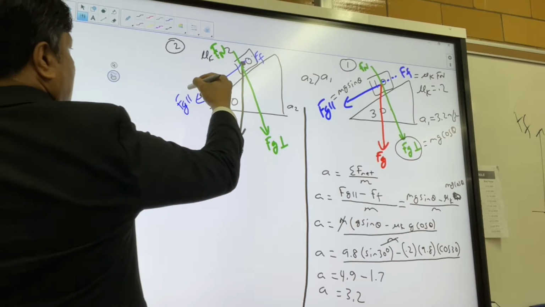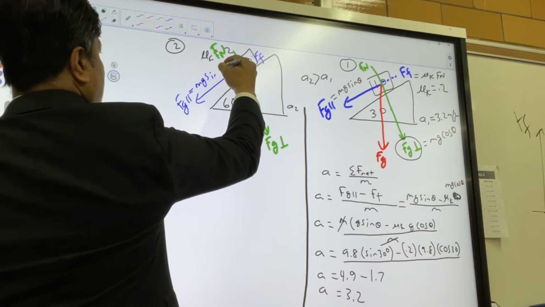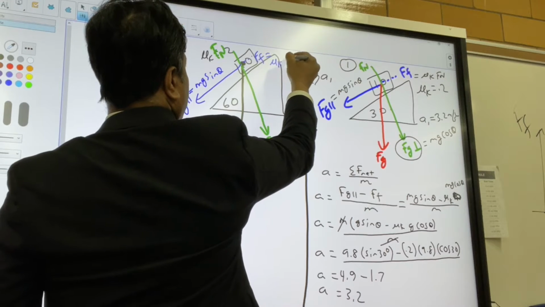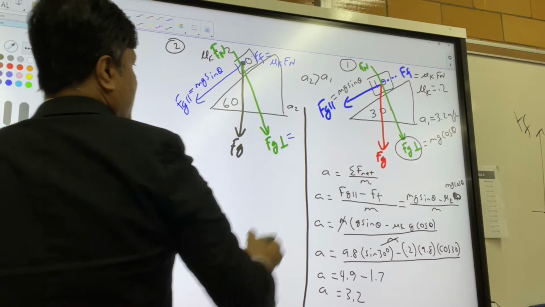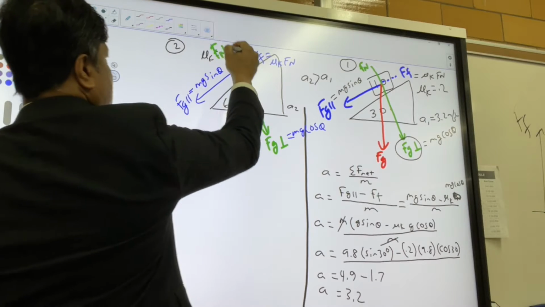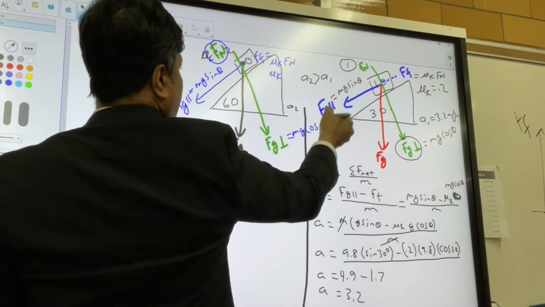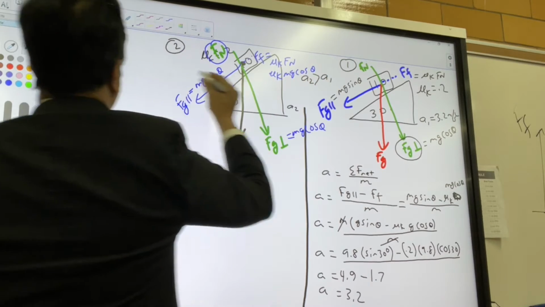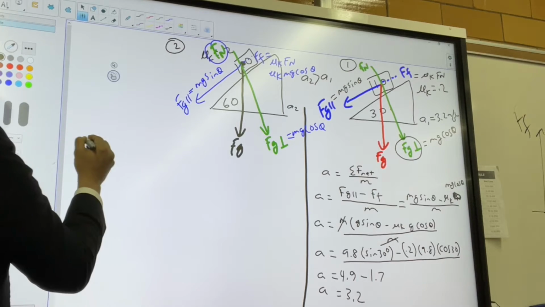So FG parallel is of course mg sine theta, and FF is mu k Fn. FG perpendicular is mg cosine theta. Since this is opposite in direction and equal in magnitude, this is mu k mg cosine theta.